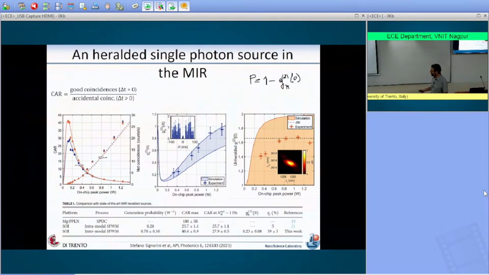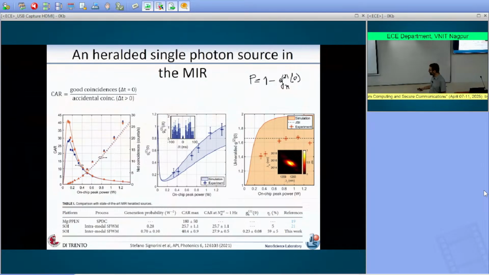You see, this is measured per square watt, because you have 2 photons in the pump, and you see that we get a generation probability in the mid-infrared that is larger than other approaches.